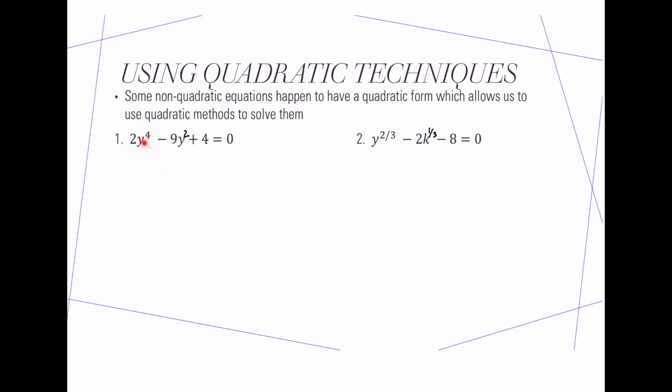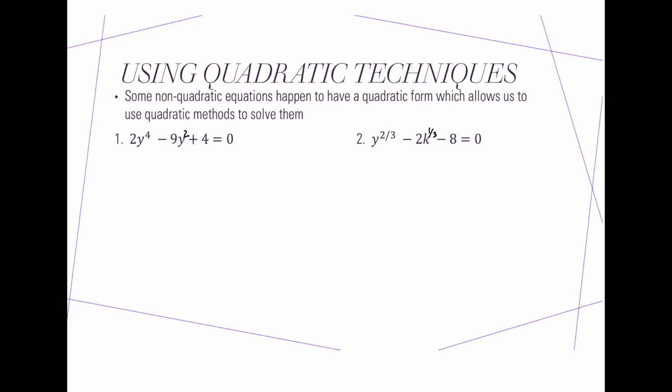So typically we have y squared and then y to the 1. Well, this follows that pattern. This is y to the 4th, and that's half of 4, 2. And so that's following the pattern. Also over here, we have 2/3, and then half of 2/3 is 1/3. And so this also, we can use quadratic methods here.